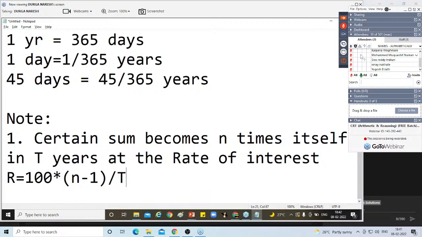Direct formula. No need to assume x, 5x, 4x like that. 100 into (n minus 1) by t.